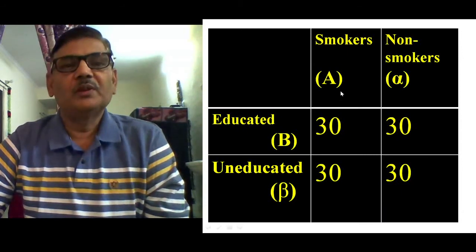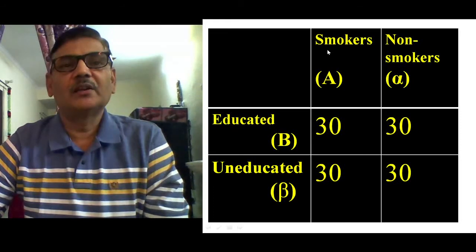Now suppose we have another data in which we have collected information regarding smoking and the educational status, means persons may be educated and uneducated, and they may show this habit of smoking, or they may be non-smokers.